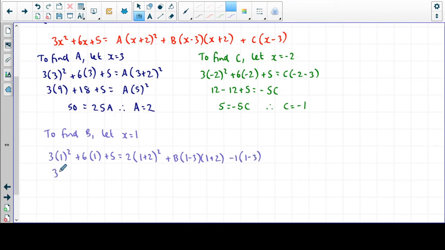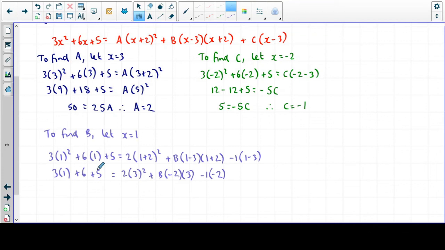So that's going to give me 3 times 1 plus 6 plus 5 is equal to 2 times 3 squared plus b, negative 2 and 3 minus 1 and negative 2.